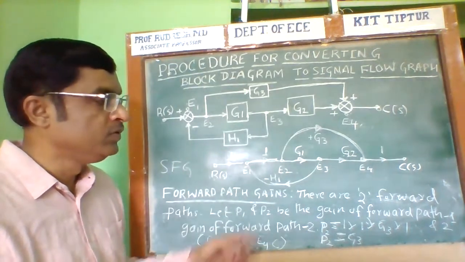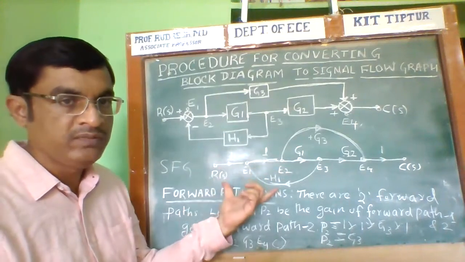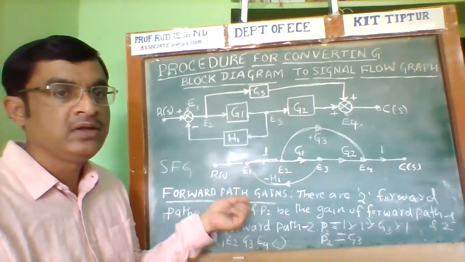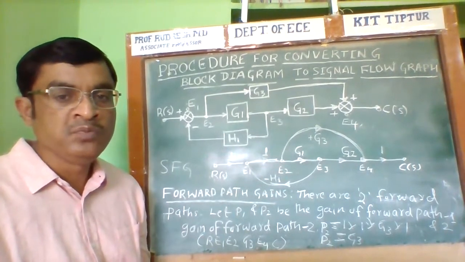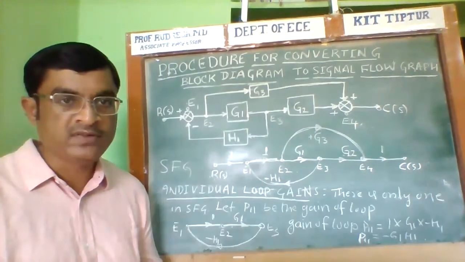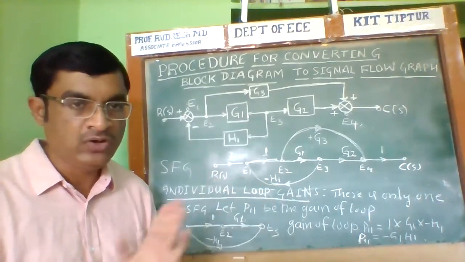The next step is to identify the loops in the signal flow graph and find the loop gains. In this step, I am going to explain how to calculate the individual loop gains.